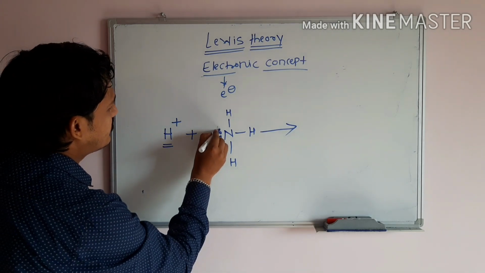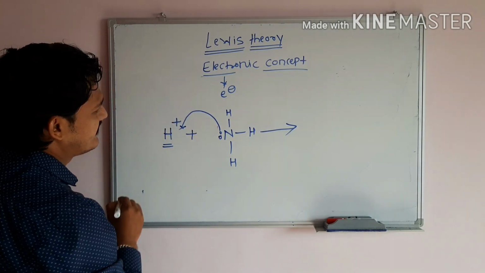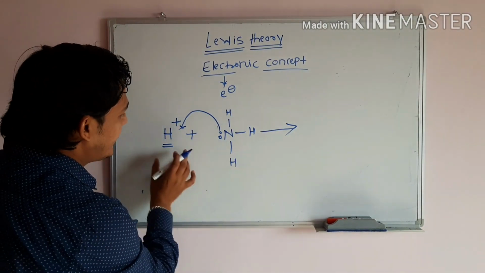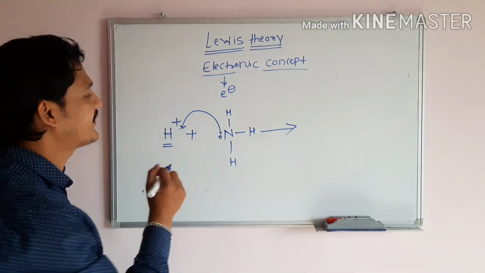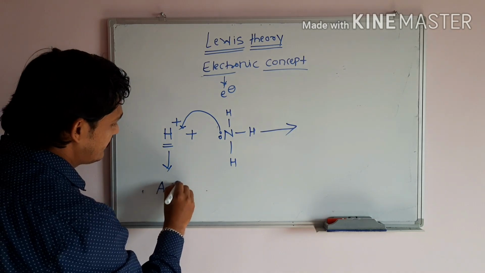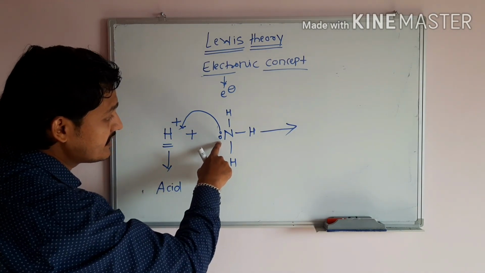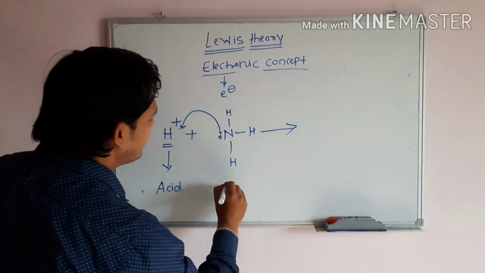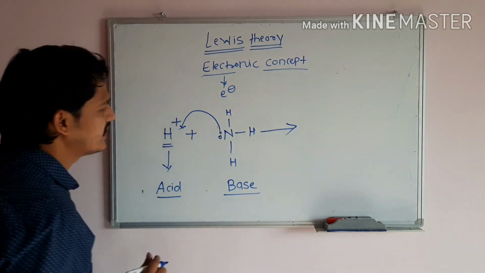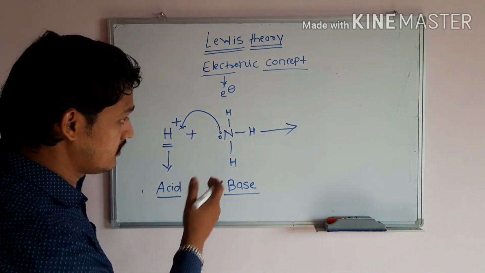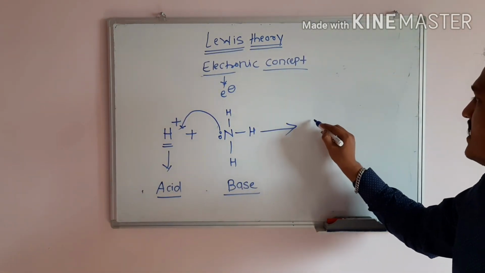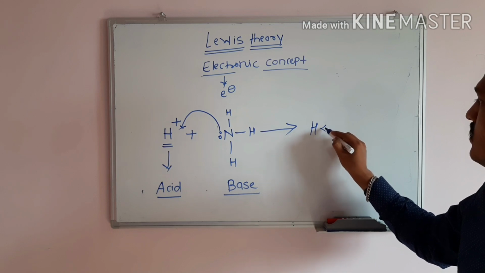So nitrogen donates its electrons to the H plus, which accepts them. The H plus ion accepts electrons. So an electron acceptor is called an acid, and an electron pair donor or electron donor is called a base. So what is our product? You already know it forms a coordinate bond.